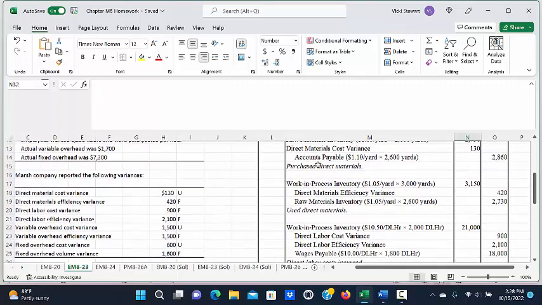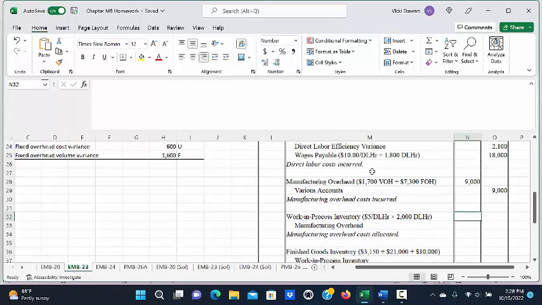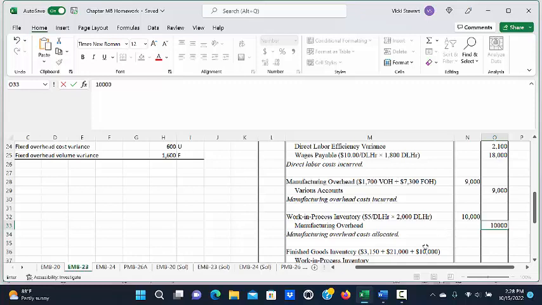So there should have been 2,000 direct labor hours at $5 per hour, and that would mean work in process should be debited for $10,000, and manufacturing overhead would be credited for that amount.